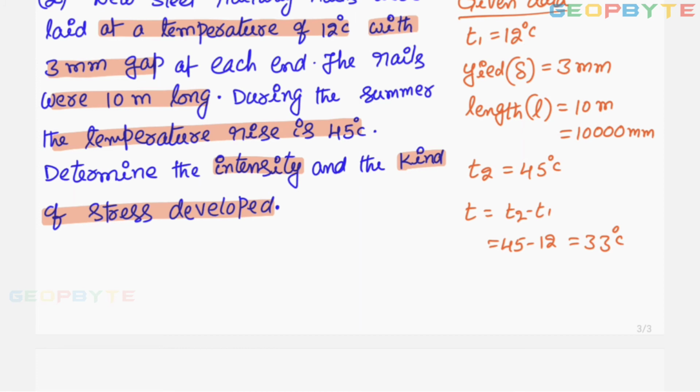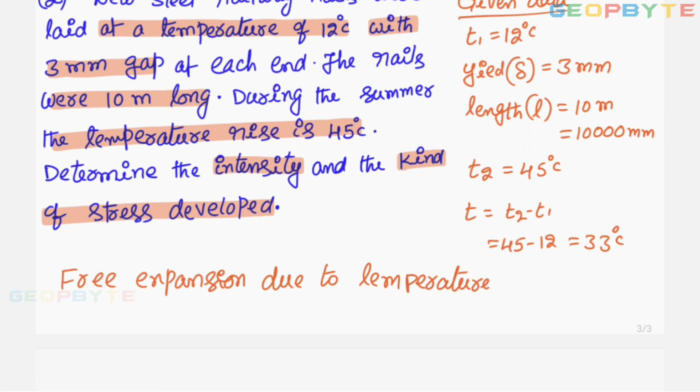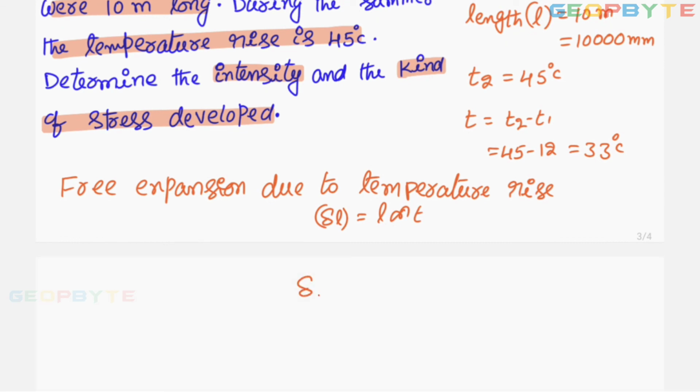For that, let us decide the free expansion due to temperature rise. Delta L equal to L alpha T.